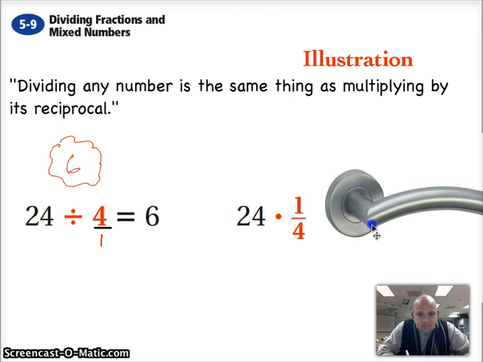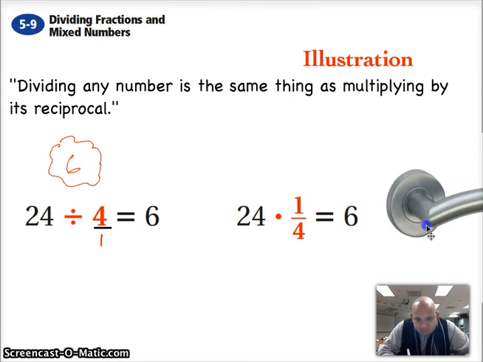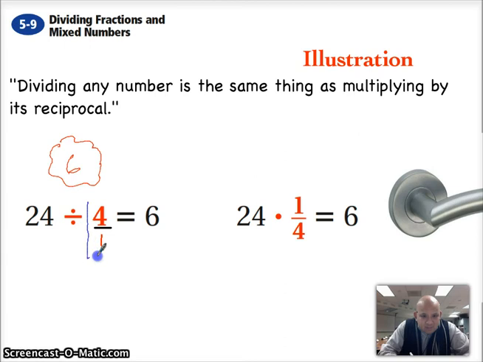6 is the answer. 24 times 1/4 equals 6. So here we have 24 divided by 4. Here we have 24 times 1/4, times the reciprocal. So two things have changed.